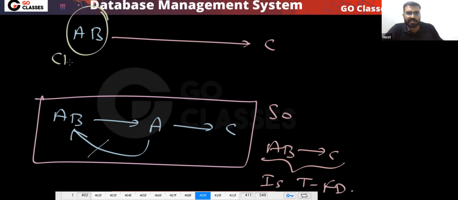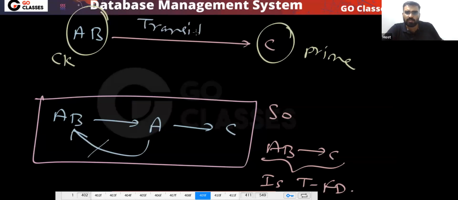So this is a candidate key, and C is the prime attribute. So a prime attribute can be transitively dependent on a candidate key, yes or no? Agree or not?